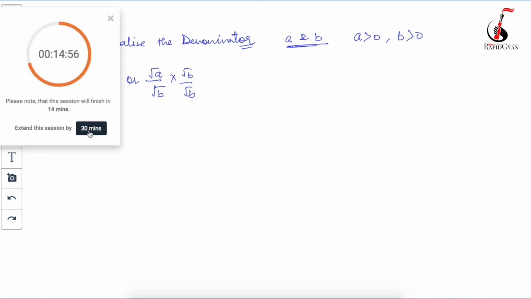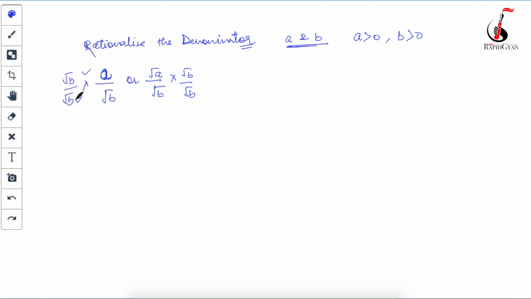Suppose 2 upon under root 3 is given. You will multiply numerator and denominator with the denominator. This will give 2 root 3, and root 3 times root 3 will give you 3, so this will be your answer. Understand? So this is your first case.